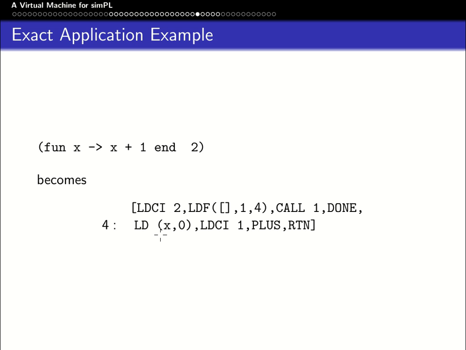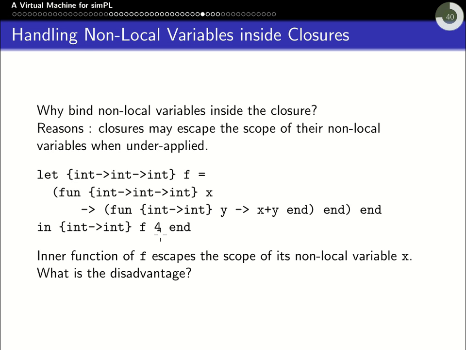so as a side optimization, you are seeing that a procedure is being moved after done. So this is a discussion that we actually had, and it's trying to explain why do we need to bind non-local variables inside the closure.